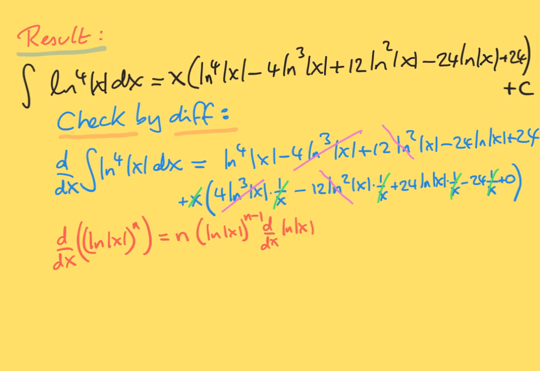Okay, let's now look at the next term. We've got minus 24 log x plus 24 log x, so that and that cancel. And then we have plus 24 and minus 24, and they again are going to cancel. So everything has cancelled apart from log to the 4th x.